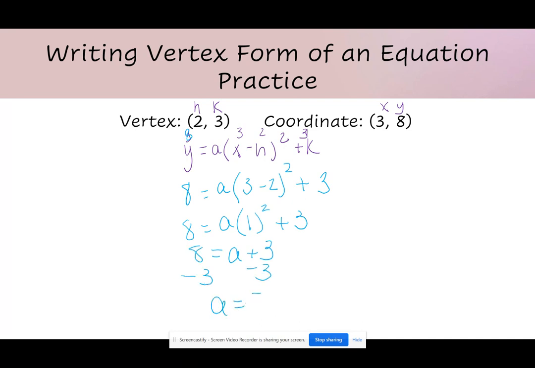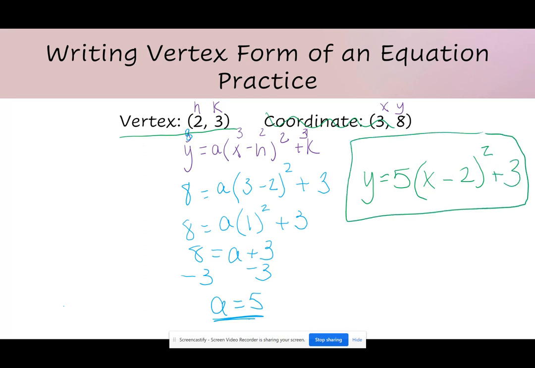So we find out a equals 5. So now we're going to use this a equals 5 and our vertex to write our equation. We don't need this coordinate anymore once you find a. So our new equation is y equals 5, because that's a, times (x minus 2) squared plus 3.